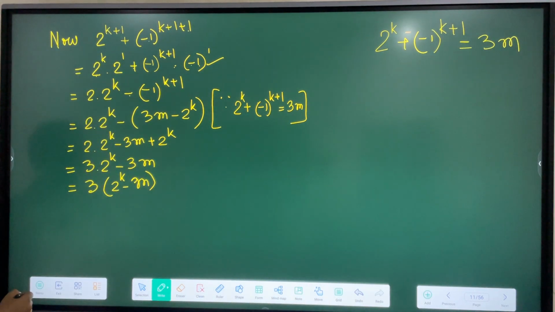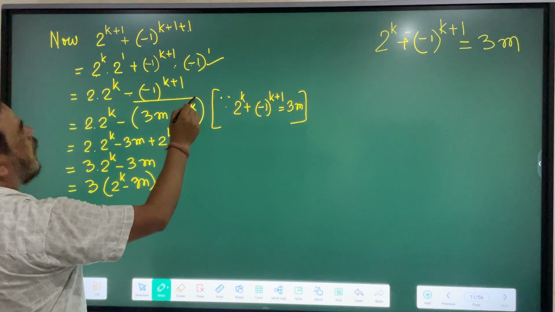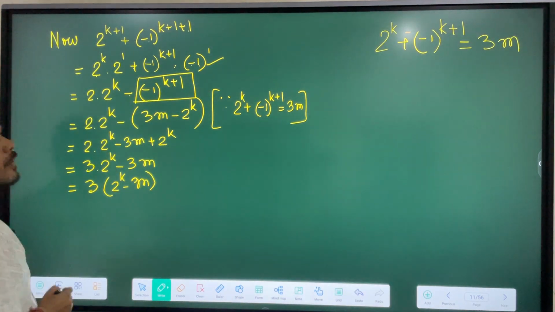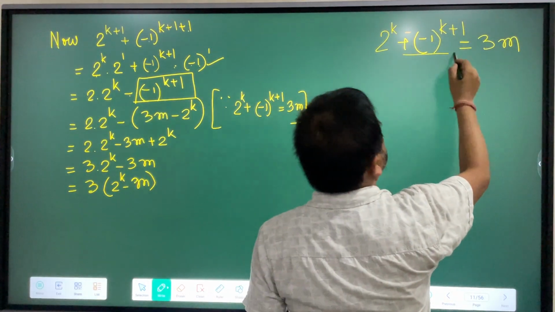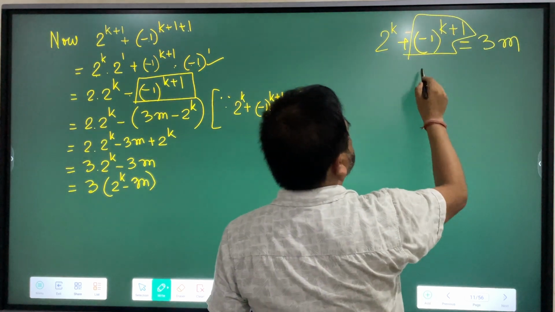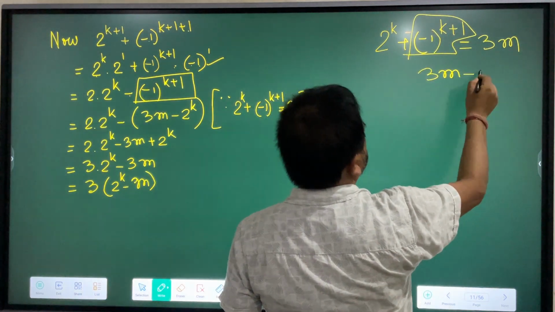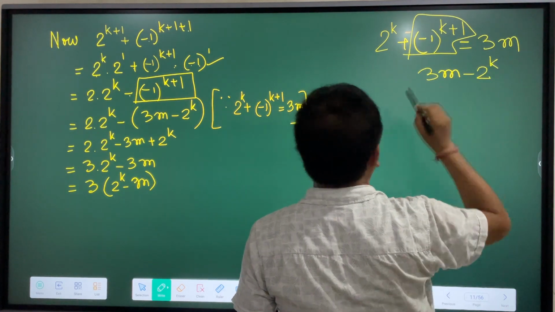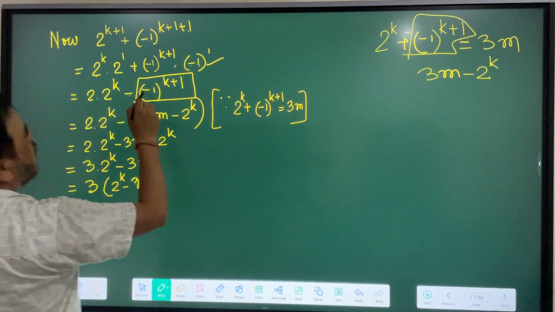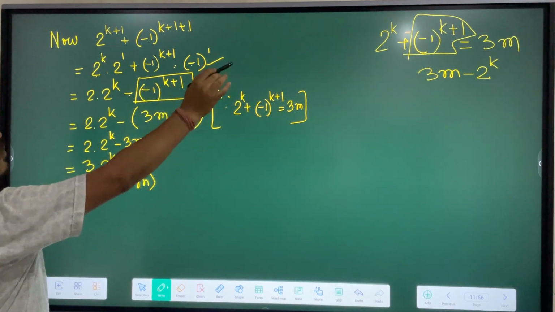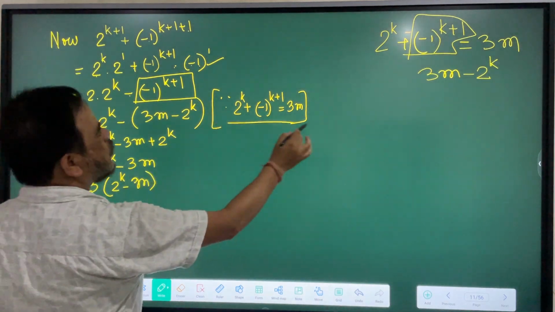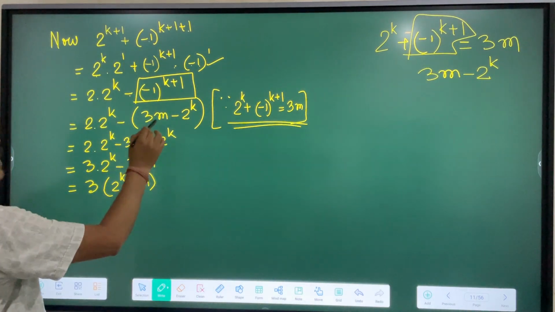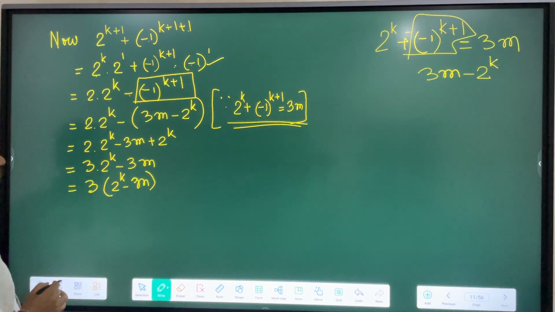I hope you understand. In place of (-1) to the power k plus 1, from the previous page, we can write 3m minus 2 to the power k.